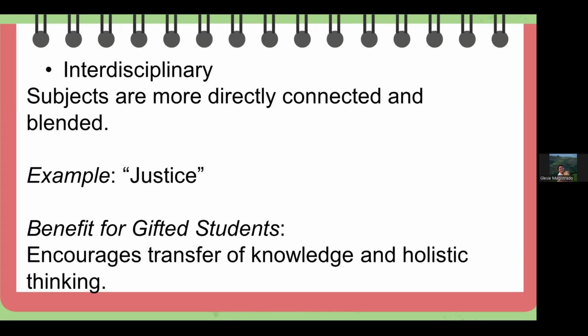In literature, justice is about novels. In social studies, justice is about law. Students create a joint project like a mock trial, requiring knowledge from multiple subjects. What is the benefit of this for gifted students? It encourages transfer of knowledge and holistic thinking.